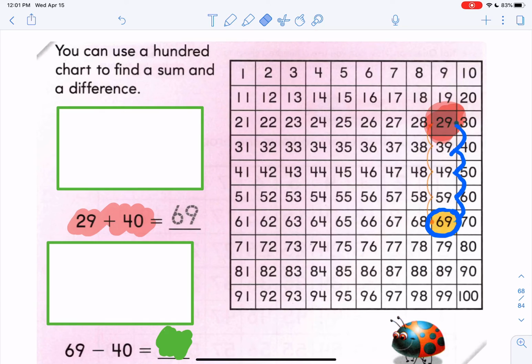Now, at the very bottom of the page, I have 69 minus 40 equals blank. There's two ways to solve it. You can use the hundreds chart, and you can count up. So let's do that way first. I'm going to clean the chart.